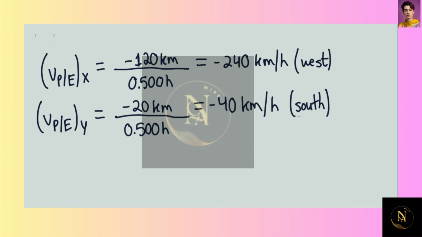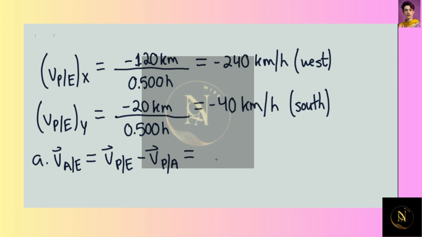Asking us for the wind velocity for part A, we can safely say that the velocity of the air relative to the Earth, the wind velocity, would be equal to the velocity of the plane relative to the Earth minus the velocity of the plane relative to the air.